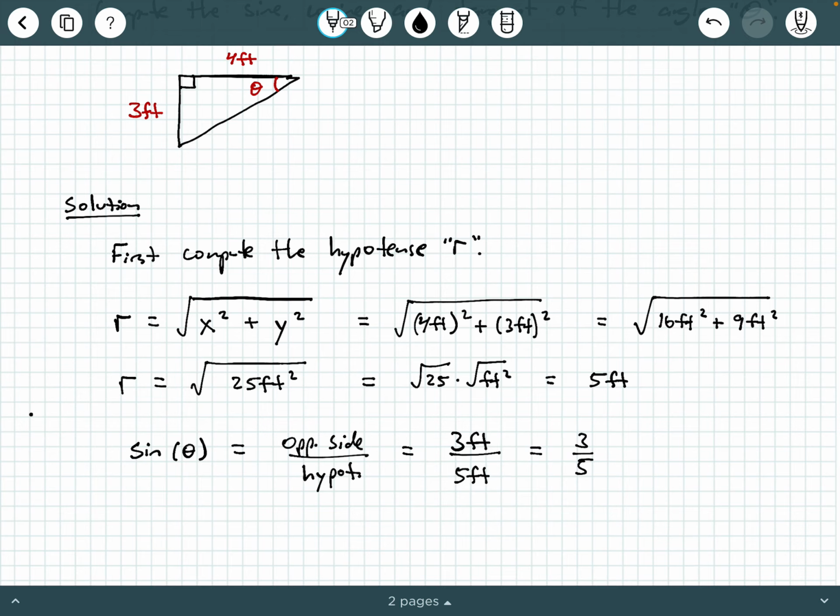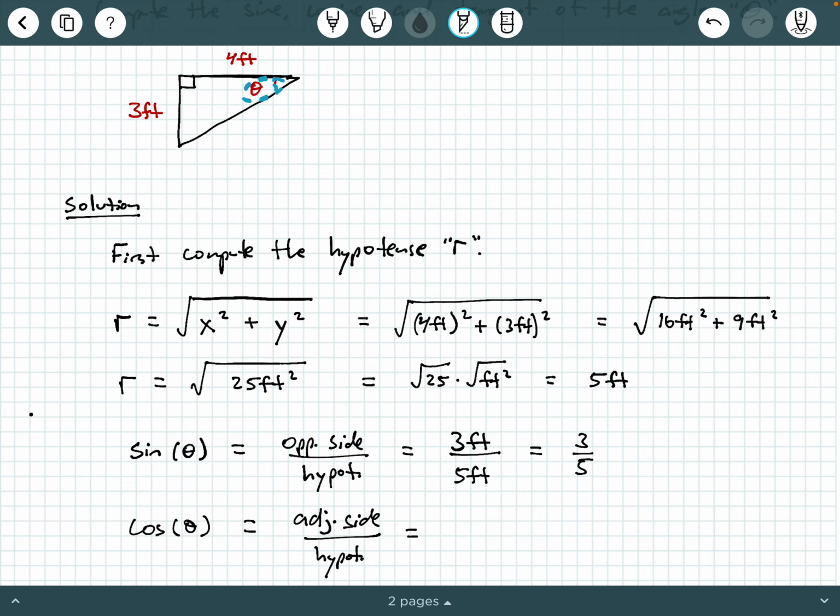Okay? What about the cosine of angle theta? Well, if you remember, what's the definition of the cosine of angle theta? That's going to be equal to the adjacent side divided by the hypotenuse. So again, the word adjacent means that it's the side that is next to angle theta that is not the hypotenuse, okay?